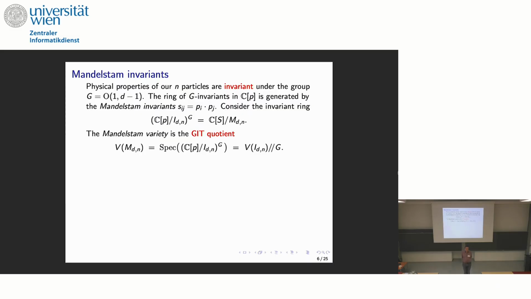These are the entries of a symmetric n by n matrix whose diagonal is 0. And there are some obvious relations. For example, this matrix has to have rank d. Both physicists and mathematicians alike call this a Gram matrix, and this Gram matrix has its d+1 minors vanish. And that's going to be pretty much this ideal.